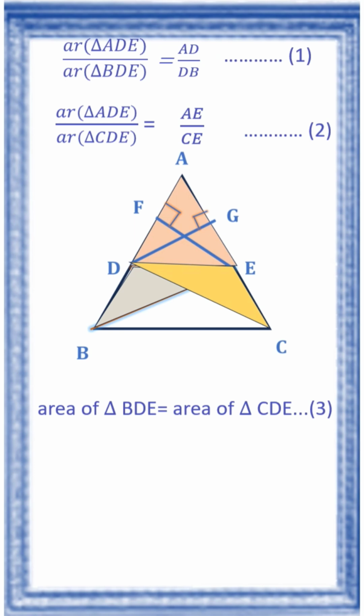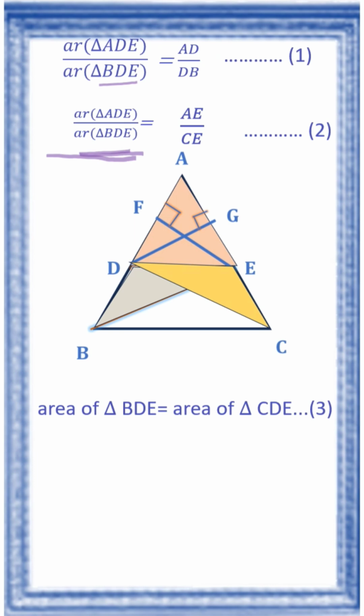Here observe that area of triangle BDE and area of triangle CDE are one and the same from equation 3, isn't it? So now let us replace this one as area of triangle CDE. So CDE into area of triangle BDE.